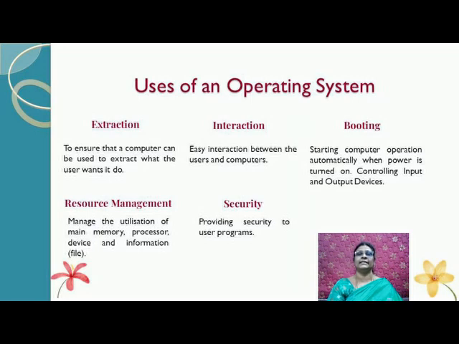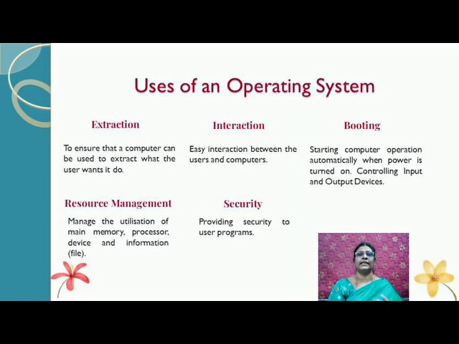That means it makes the computer operational, that is, the operating system gets loaded into the primary memory when we switch on the computer. Fourth one, resource management. Some of the resources are the computer's primary memory, central processing unit, devices and information, otherwise called files. These resources are effectively managed by the operating system.